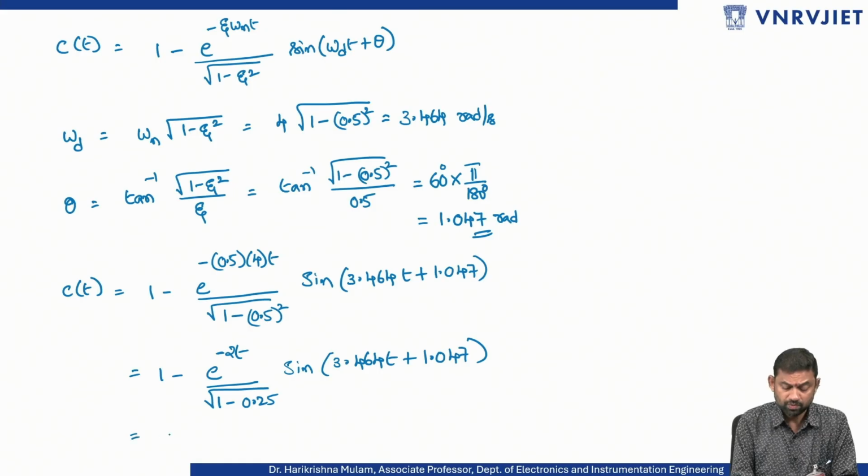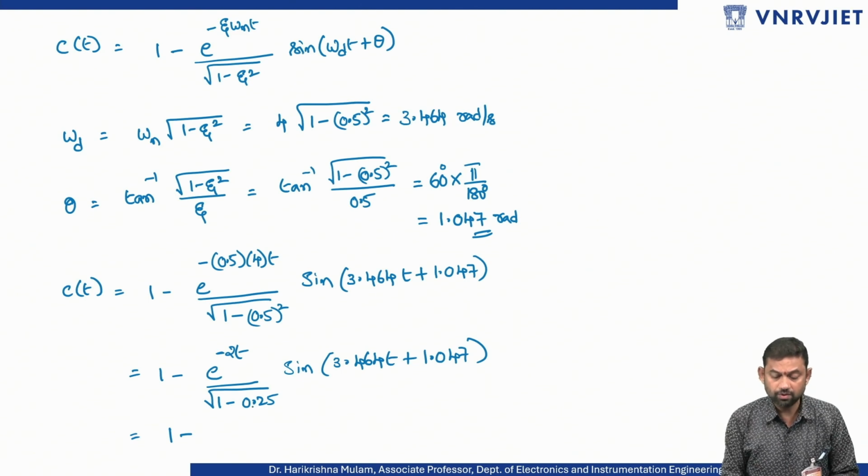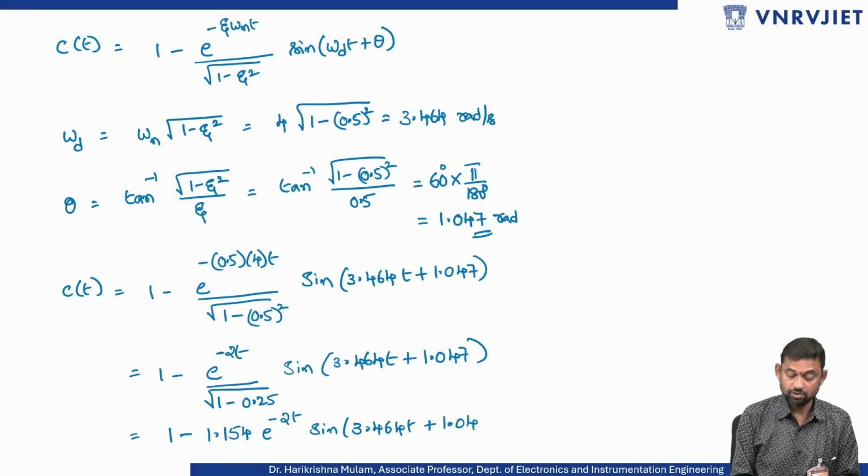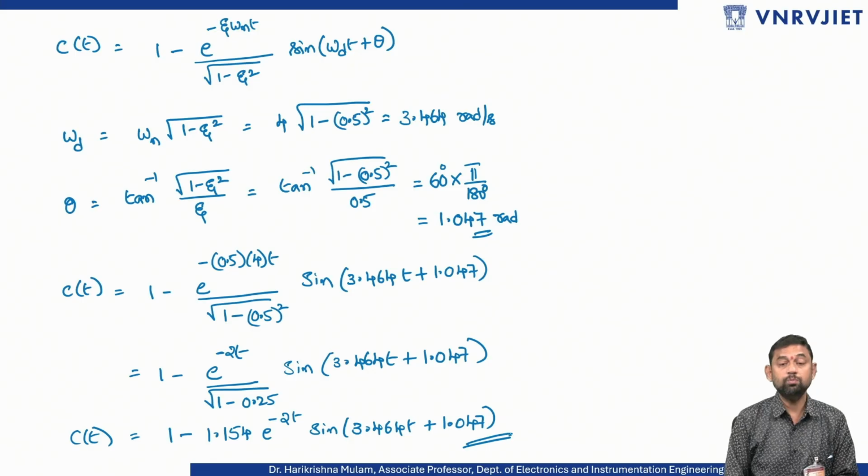That is equal to 1 minus this 1 by square root of 1 minus 0.25, which will become 1.154, into e power minus 2t sine of 3.464t plus 1.047. This is the response of the given positional control system when the input is a unit step input.